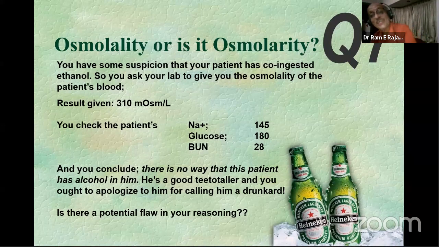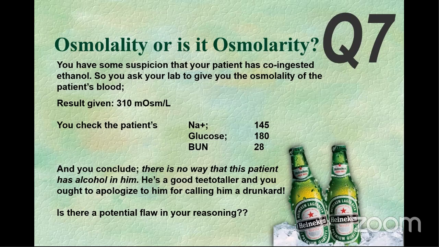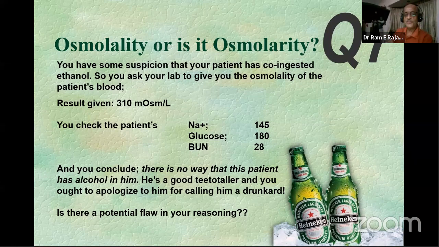So you need to ask them, and then they'll say, easy, sodium by so much plus glucose by so much plus BUN by so much, and we'll give you the answer. So that is the flaw. In most Indian laboratories, when you ask them to give you an osmolarity, they will calculate from exactly the same numbers that you have. So there is a distinct possibility that something was not done.